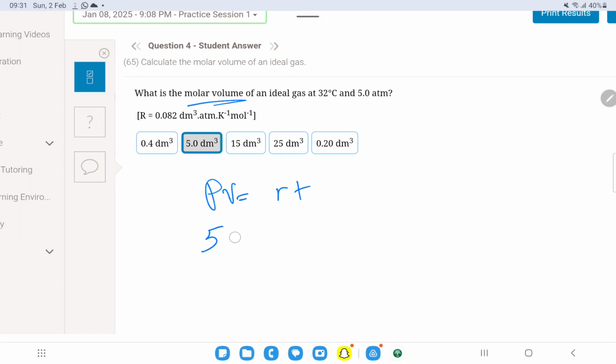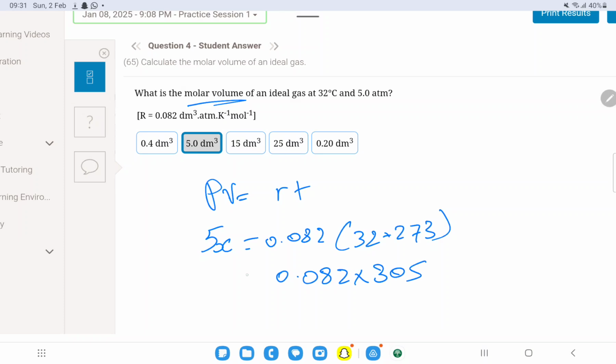V is X until now. R is 0.082. And temperature, it is 32 plus 273. 0.082 times 305 equals 5x.